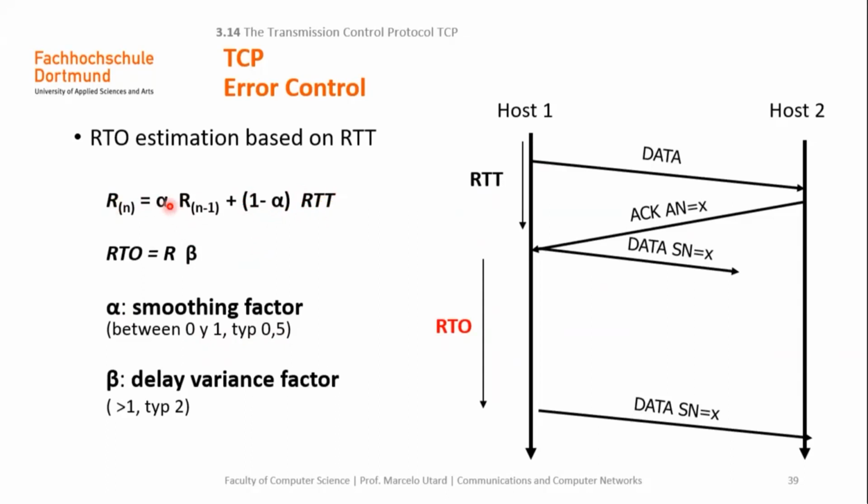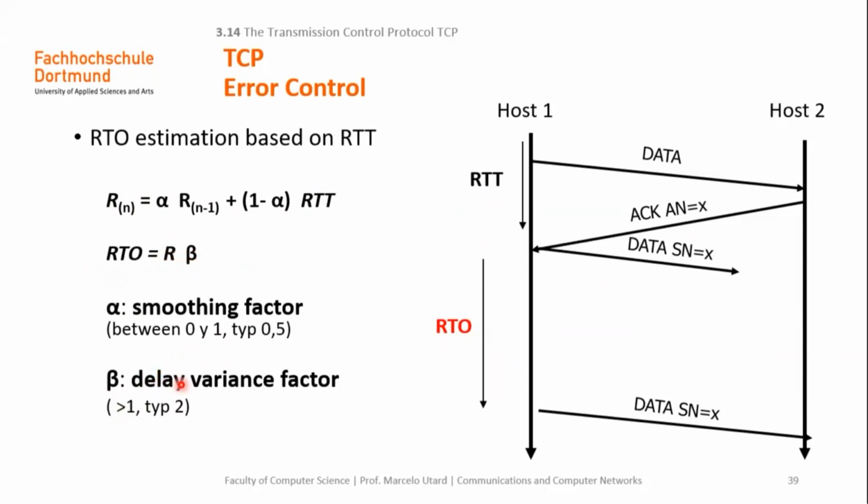And based on another parameter called the delay variance factor, beta, that is typically higher than 1, for instance typically 2, we could set up the retransmission timeout using the smoothed round trip time multiplied by beta, the delay variance factor.